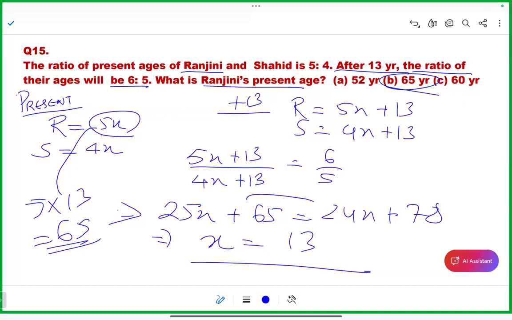Number 15. Yeah, ask money. Why? I distribute money. What kind of a statement is that?